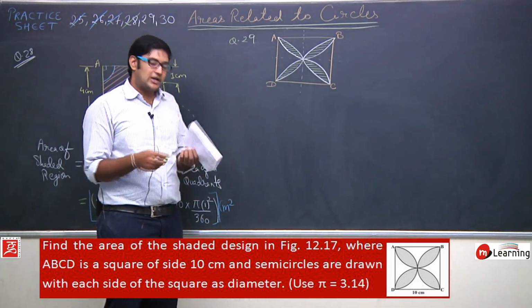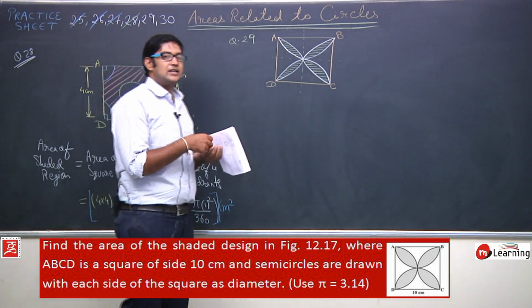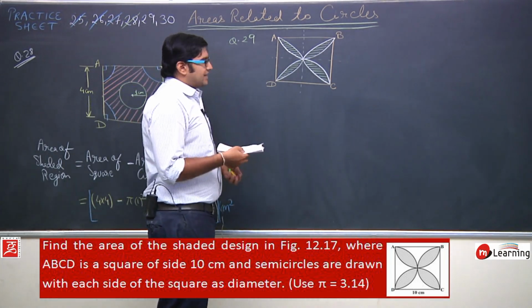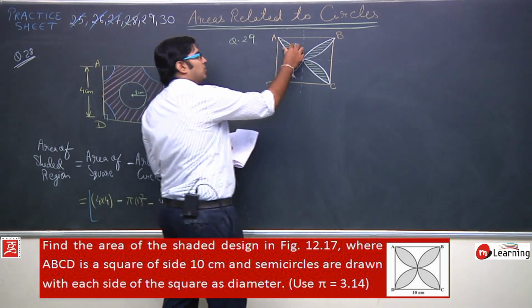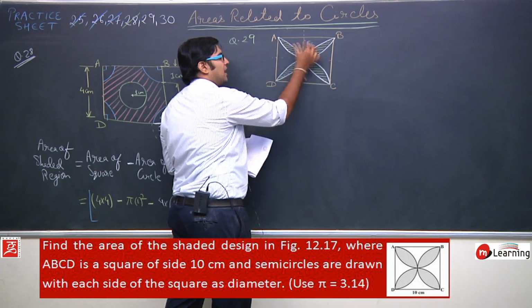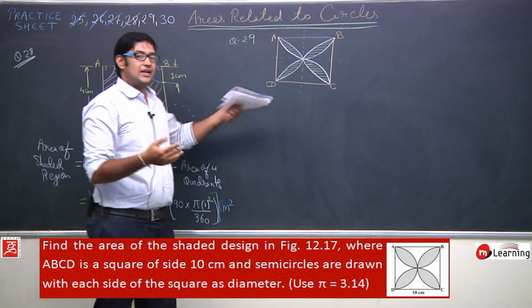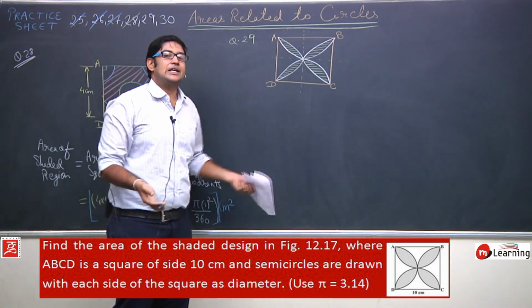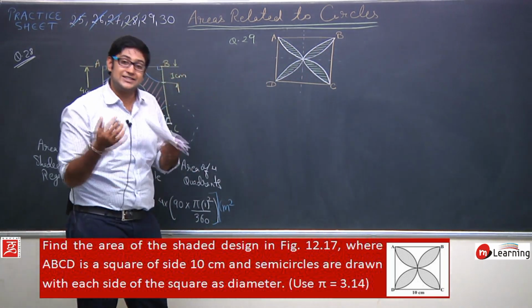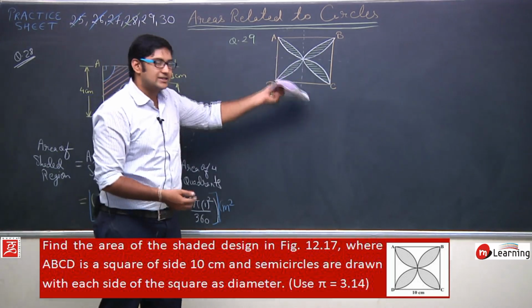Now, how to calculate the area of this region? Let us understand this. All these 4 parts, which look like a leaf, are symmetrical, similar, and the same.